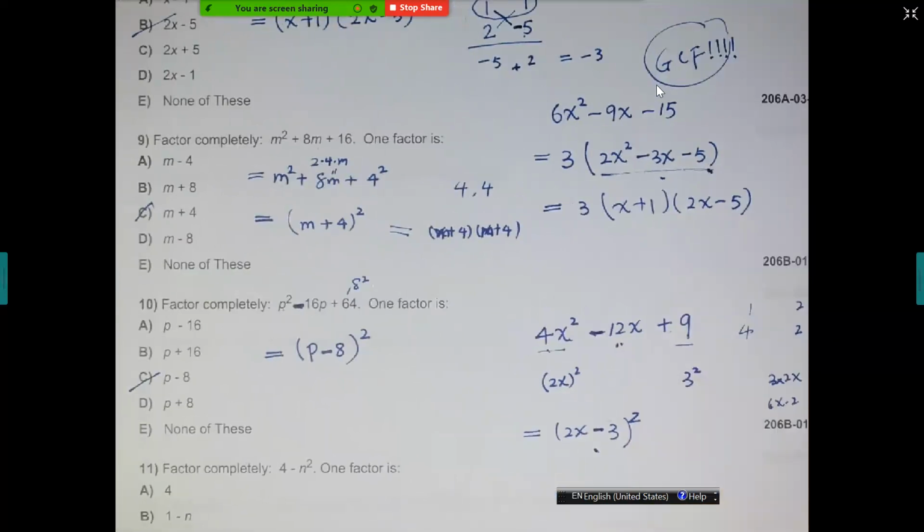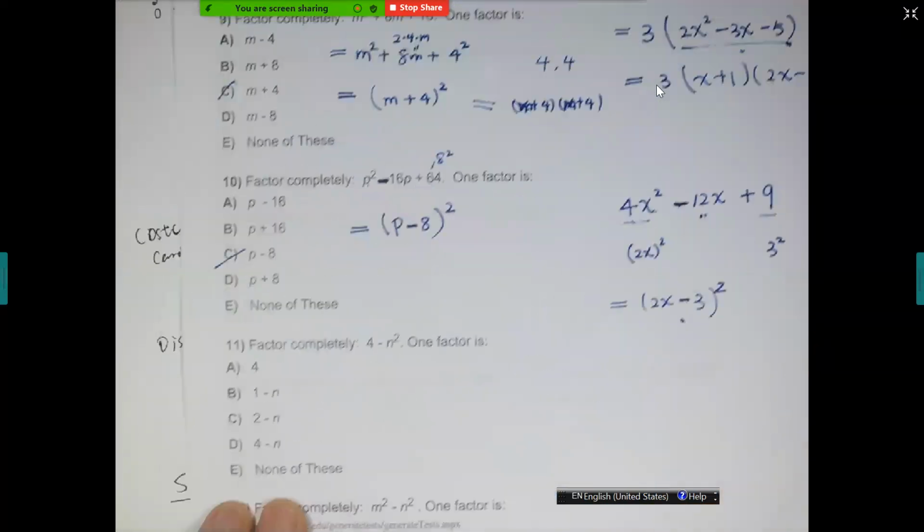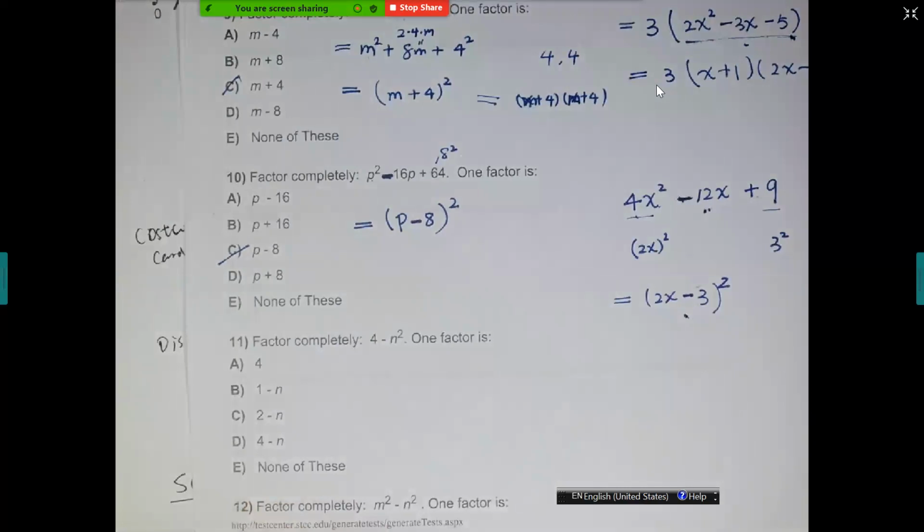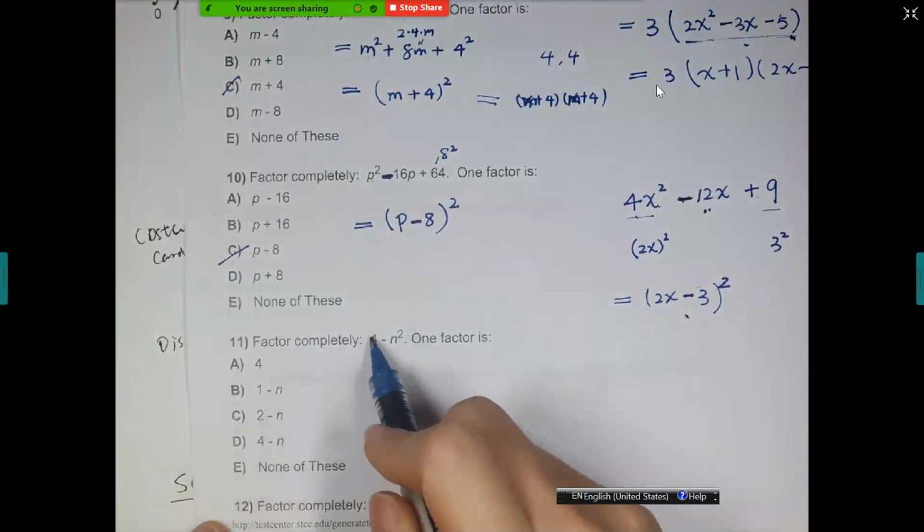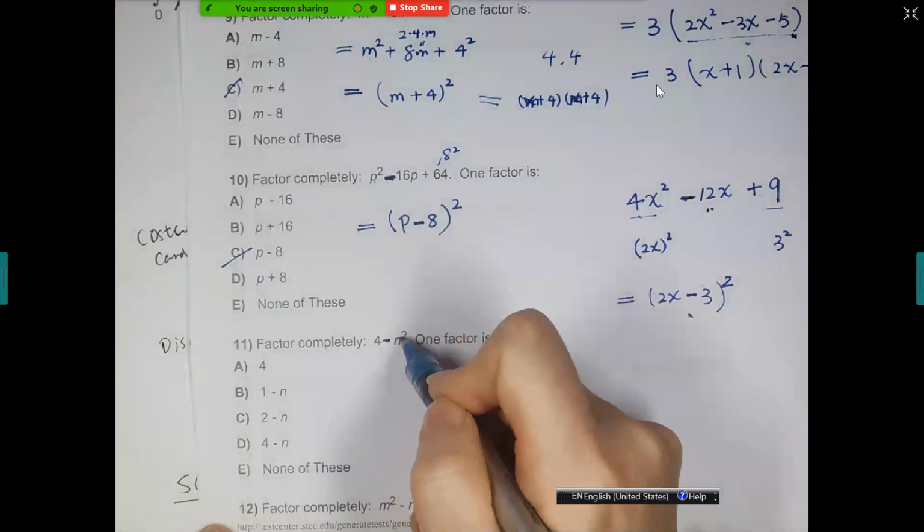Okay, and another special factorization, a binomial. If we have a binomial and there is no GCF, the binomial can be factored, at our level, only when it is something squared minus another squared.